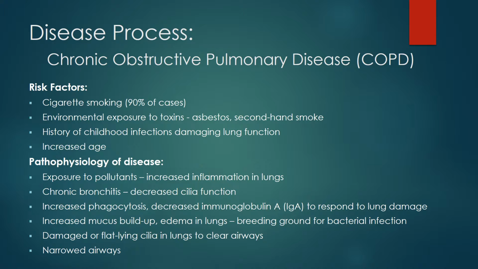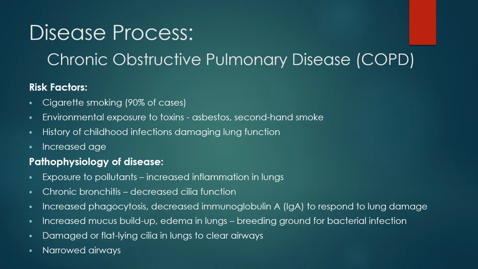With COPD, exposure to pollutants increases the inflammation that exists within the lungs. And with chronic bronchitis, there's a decrease in cilia function, so the air is not able to get in there because the cilia are often damaged or flat-lying, and they obstruct the airways.